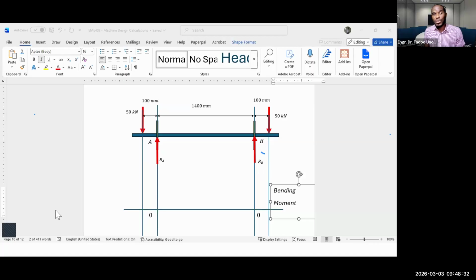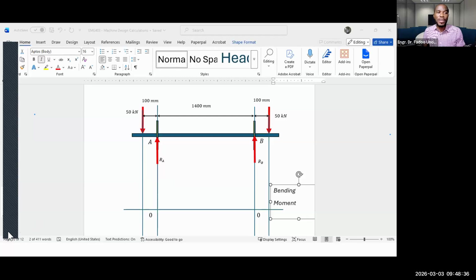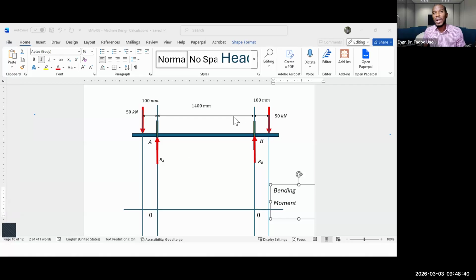RB is 50 kilonewtons, right? If you multiply RB, which is 50 kilonewtons, by 1,400, 50 times 1,400, what will you have? You will have 70,000 kilonewton millimeters. So we already have 75,000 kilonewton millimeters minus 70,000 kilonewton millimeters.